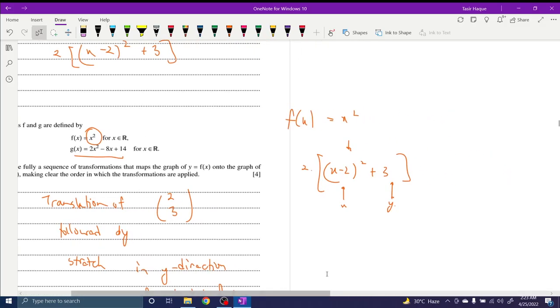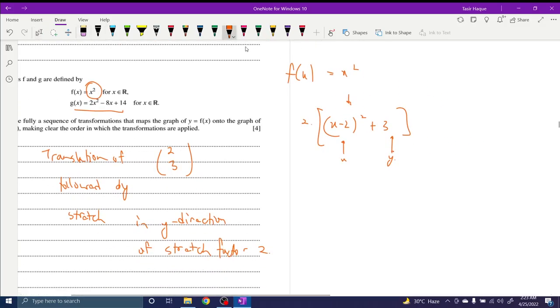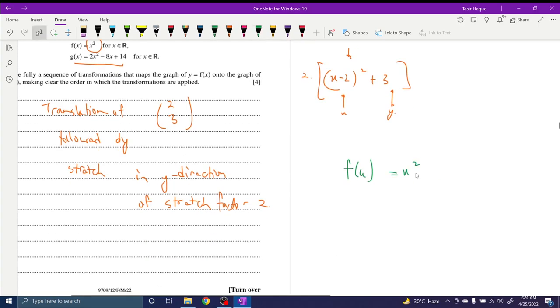I'll tell you why. What if you had this initially and you go with stretch factor 2 in y direction first? So this becomes fx is equal to twice x square.